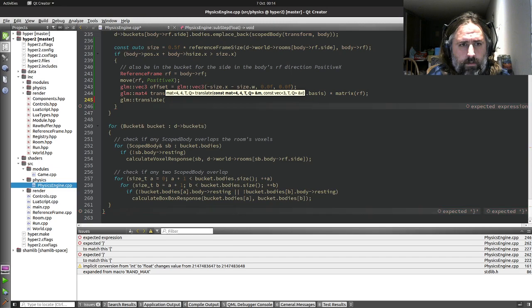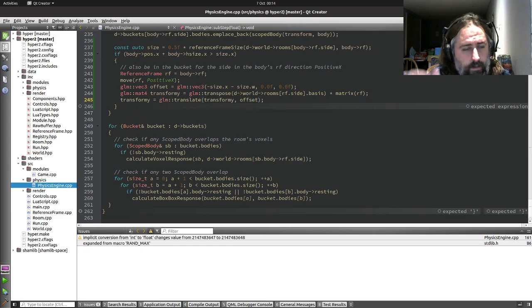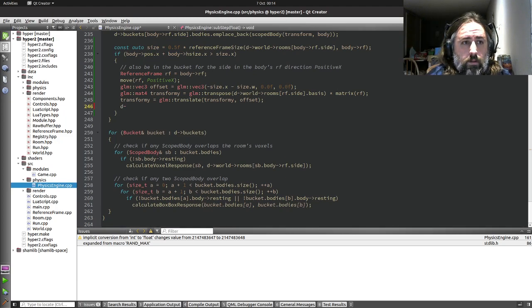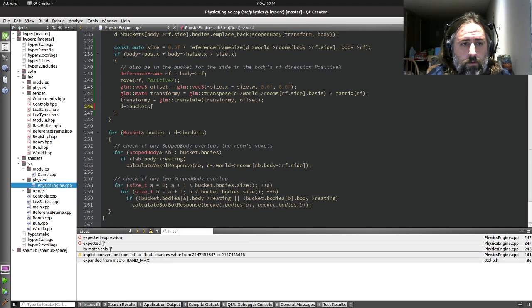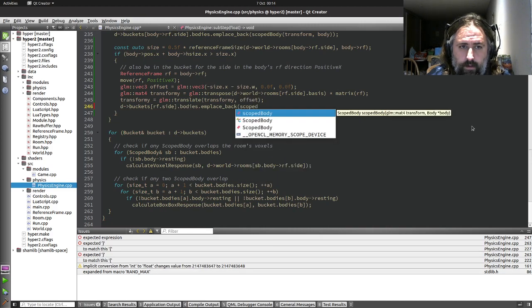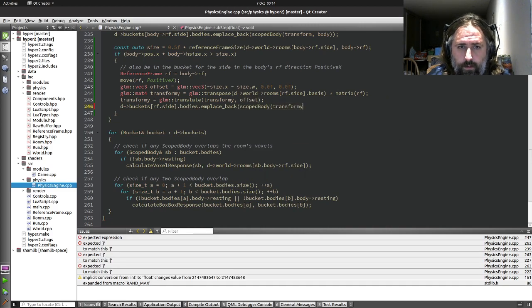Okay, should have the translate function. Translated by offset. Okay, so now we can say dbuckets for that reference frame side, bodies, and place back, scoped body made with this transform, that's body.